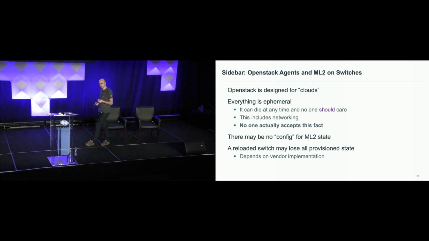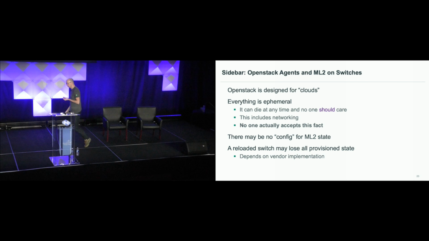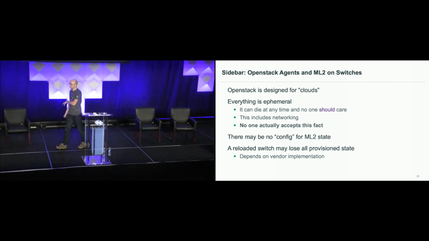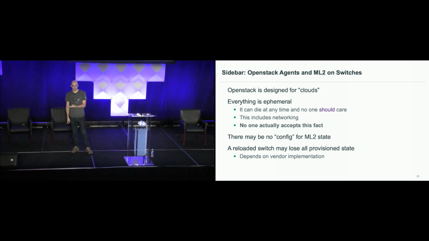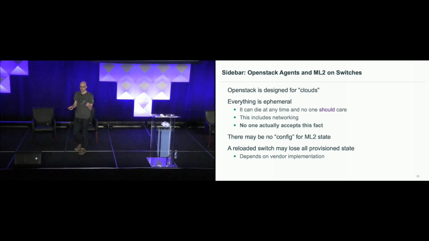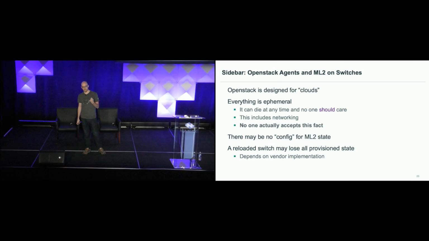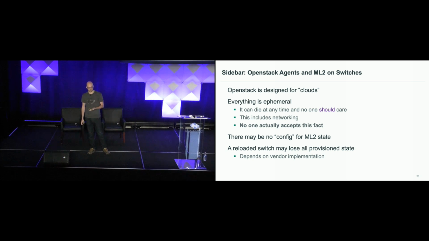It very much depends on the vendor implementation. For example, at Cumulus, we push configuration into the box, so after reload, we keep it. Arista, if you have CloudVision, you can replay state from the CloudVision controller, but without CloudVision, you would lose everything. I don't know what Cisco does. I tried to figure this out and got distracted.